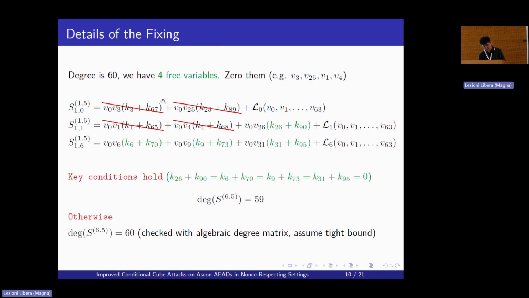So these 4 degree-2 terms will be cancelled, and the remaining 4 degree-2 terms can be influenced by the k coefficient values. If the k conditions hold, that is, the 4 k coefficients are all 0, then the algebraic degree will go back to 59. Otherwise, the degree will stay 60. This has been checked by the algebraic degree matrix method, and we assume it's a tight bound.